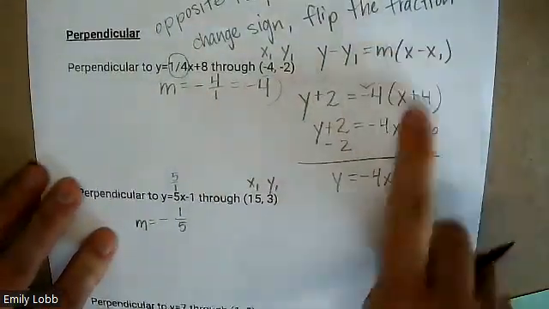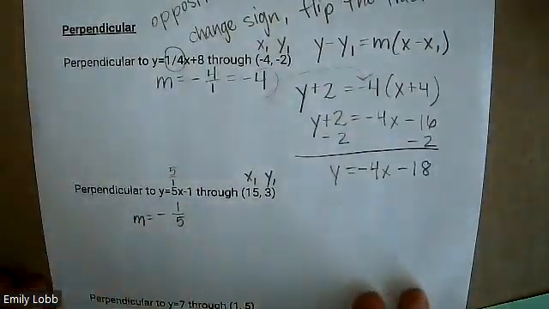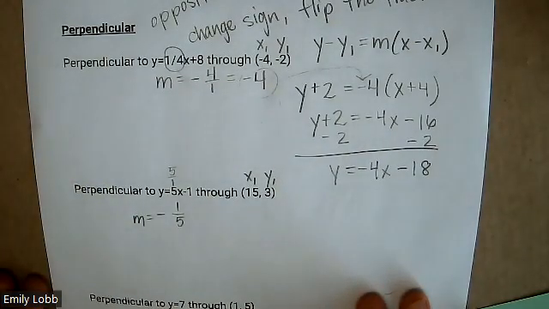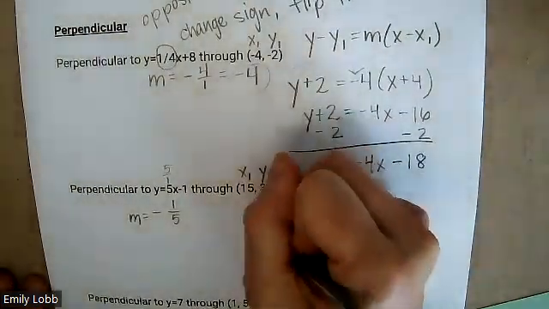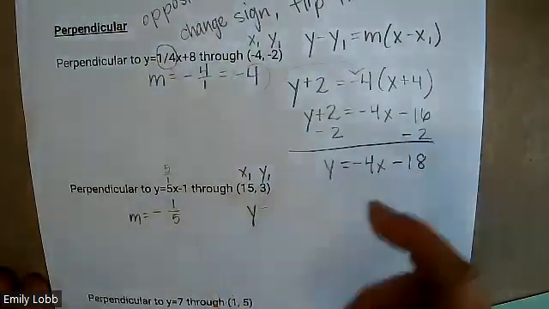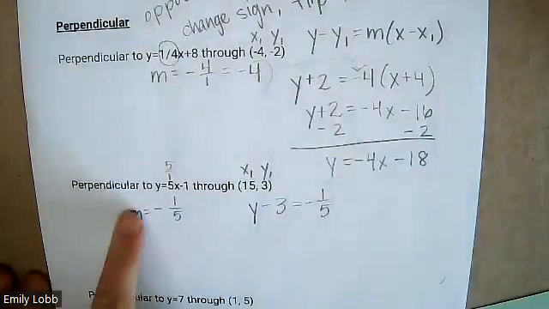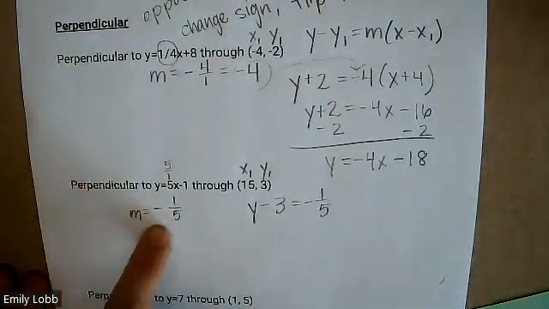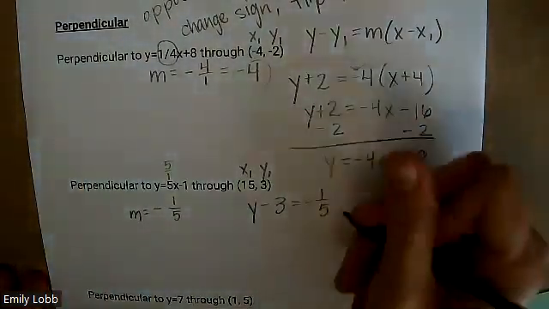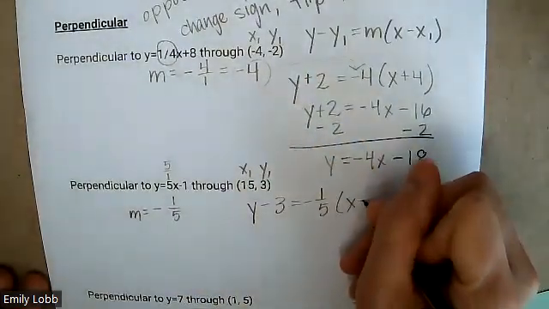Here's my point slope formula. It should be written somewhere for you to use, right? So y minus my y1 is equal to my slope. You do have to do something with perpendicular, right? It's not the same. Times x minus my x1.